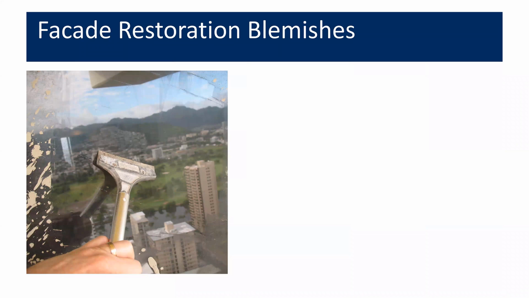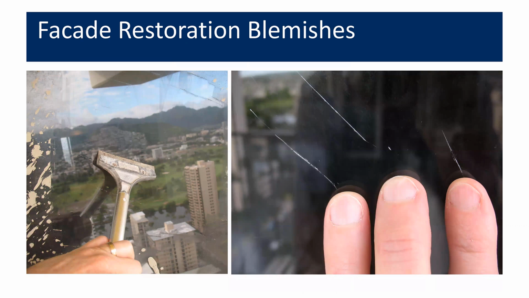So we've seen that used to remove cementitious debris from glass, particularly when it's run in a back and forth motion and when the blade is rusty, as shown in this photograph, and that was the exact tool pulled out of the toolbox of the workers close by. You get these deep, somewhat prominent scratches, not surprisingly.